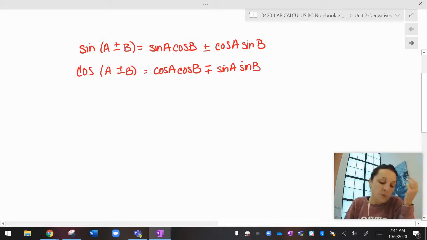What? Okay, so what that really says is the sine of a plus b would be sine a cosine b plus cosine a sine b. If that was a minus, then there would be a minus over there. For cosine, when you're adding two angles, you can do the cosine of each angle minus the sine of each angle, or the reverse.